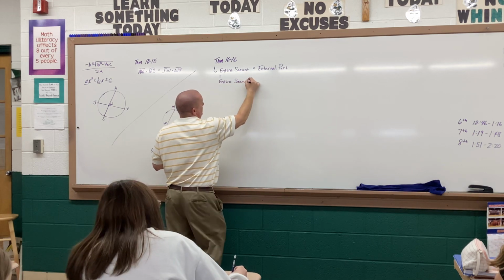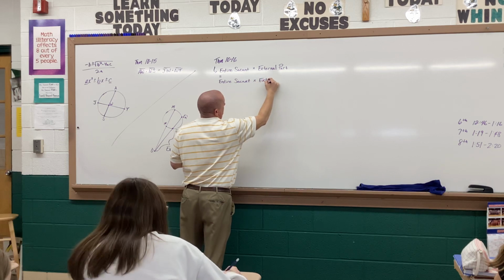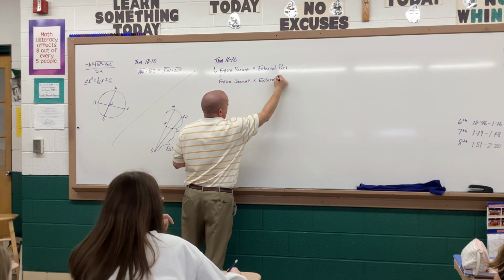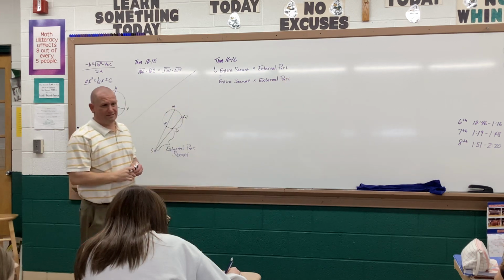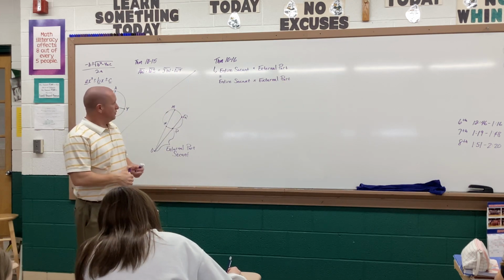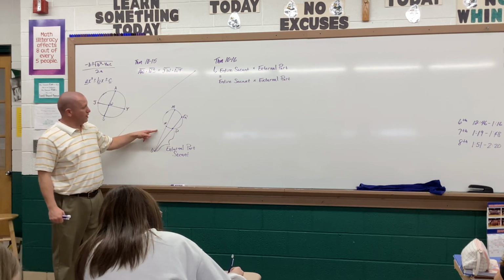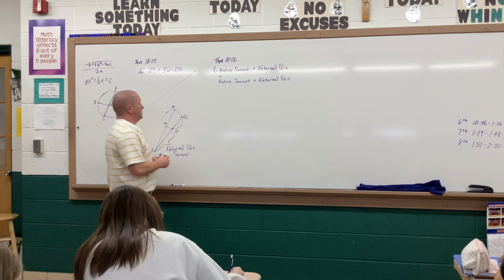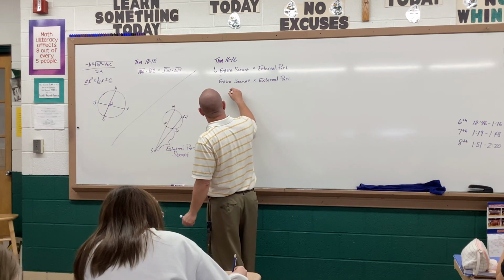So this makes more sense to me. So if we look at our figure here, then we would say what? How do I compare these? I'm going to do the entire secant, which is what? OM.